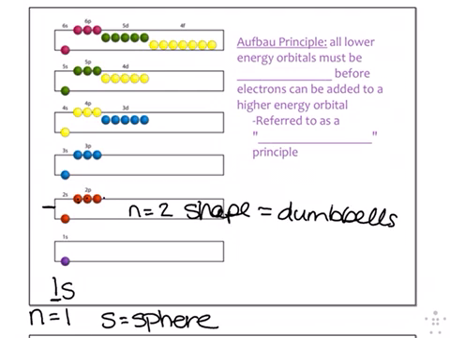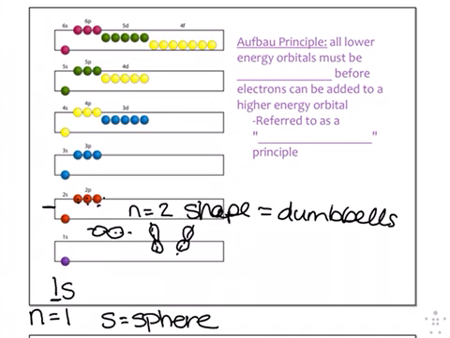It's kind of a hint right here with the number of circles. 3. So there's 3 potential orientations. One orientation will have the dumbbells laying across the x-axis. Another one will have them laying across the y-axis. And then the third one would be the z-axis, which is kind of hard and weird to draw.